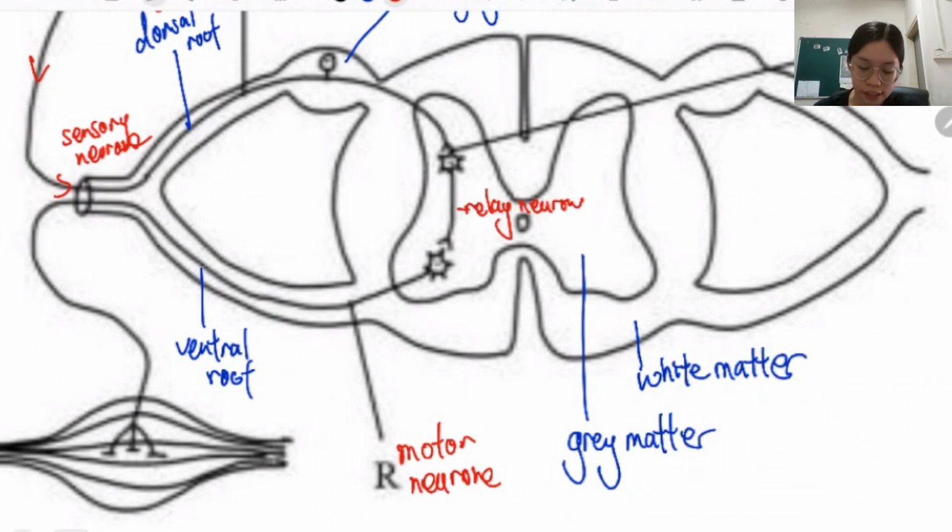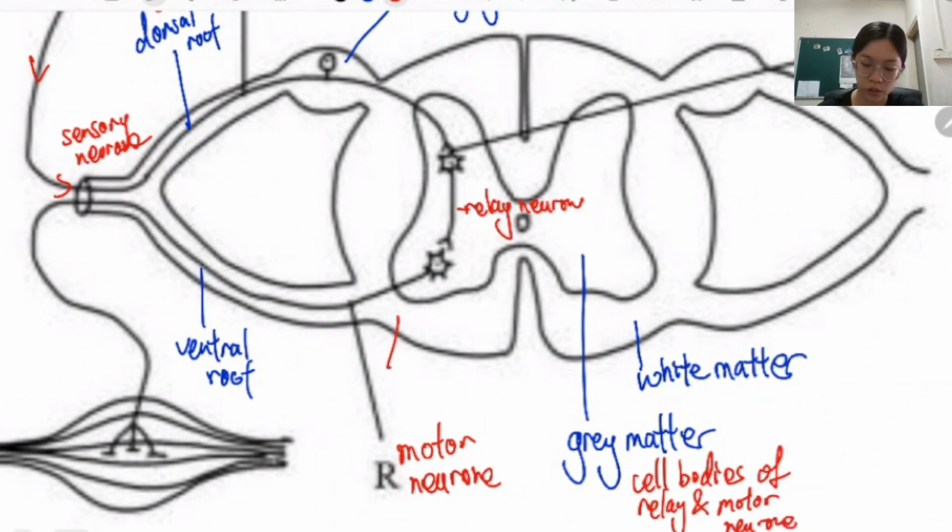So you can see that normally gray matter consists of cell bodies, because it's dark in color, gray color, so it consists of a lot of nuclei. So it consists of cell bodies of relay and motor neurons. What about the white matter right here?